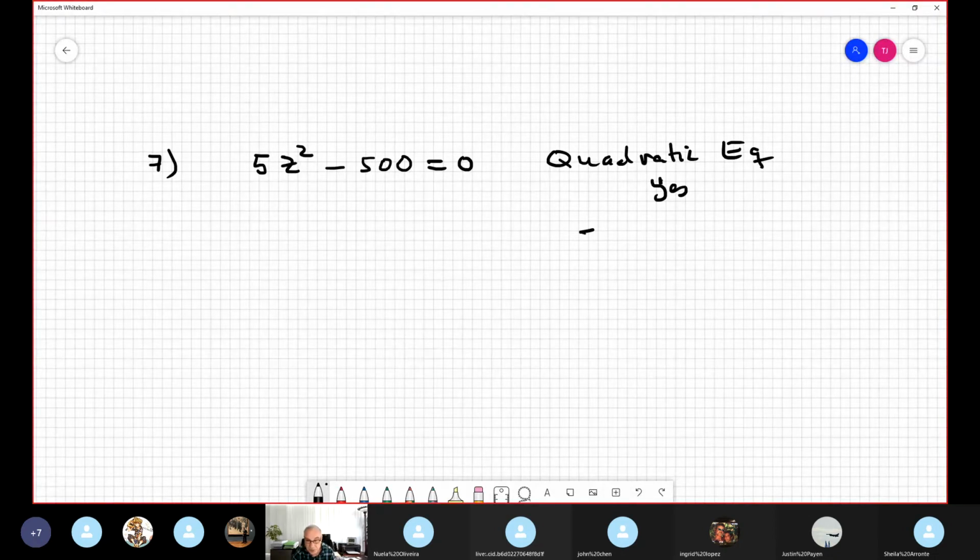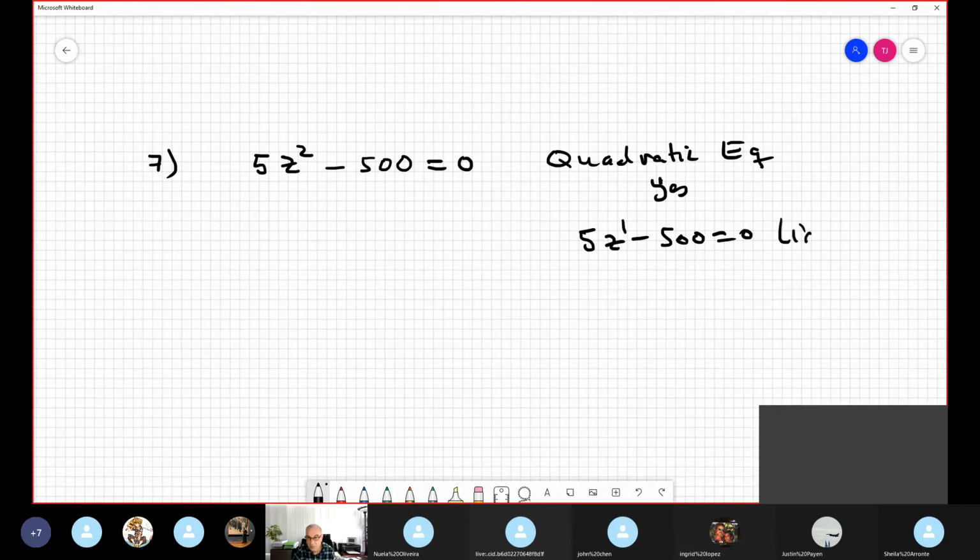So suppose you have this equation, 5c minus 500 equals 0. Is this a quadratic equation or a linear equation? Look at the difference. This is exponent 2, this is exponent 1. This is linear, and the linear you solve in a rush.